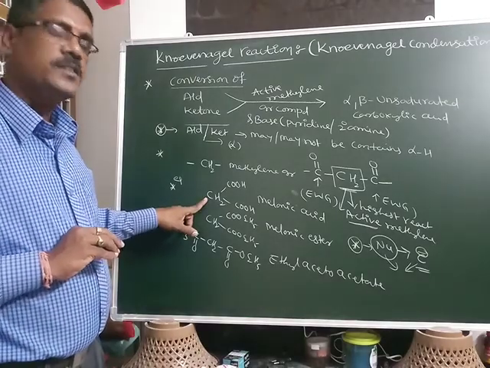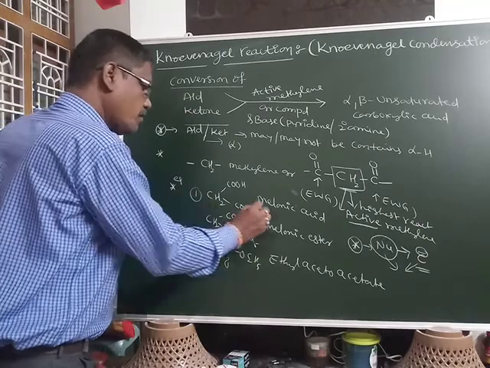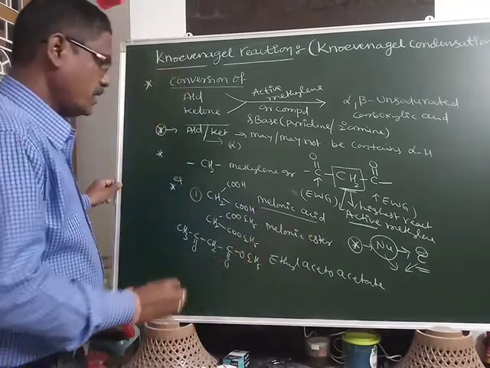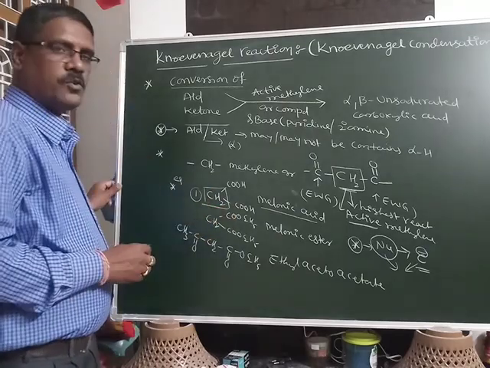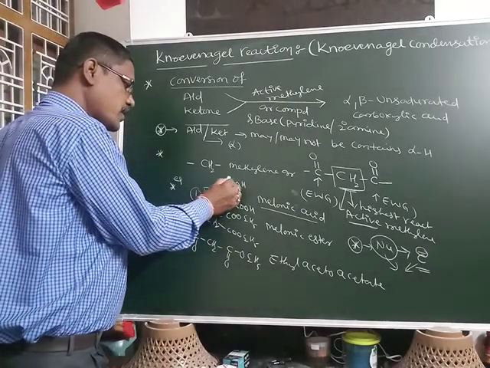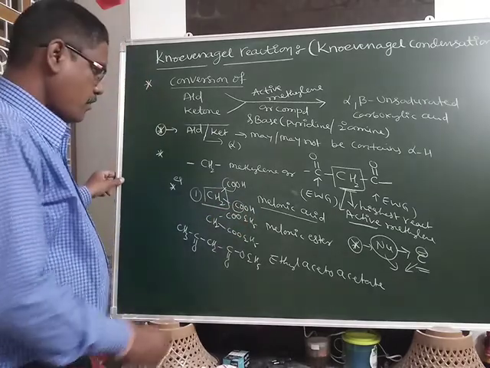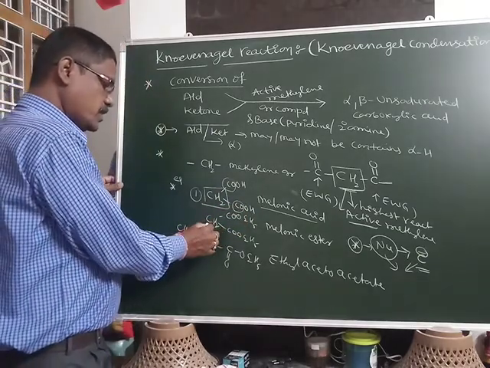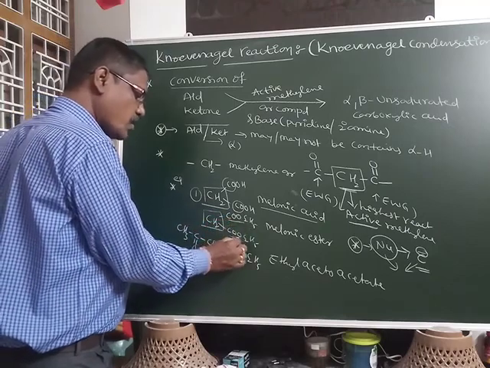Examples for the active methylene group compound, one is malonic acid. In this malonic acid, this CH2 is the active methylene group because it is bonded with C=O, C=O group. One more example, this is active methylene group. It is bonded with COR, COR.